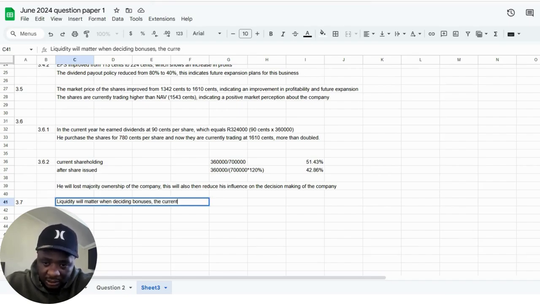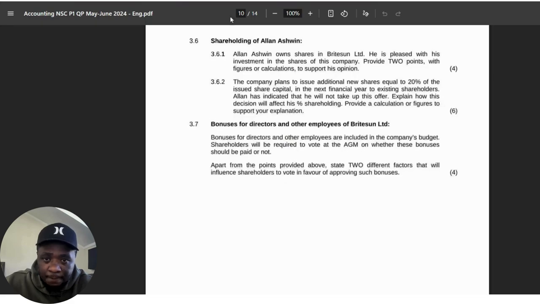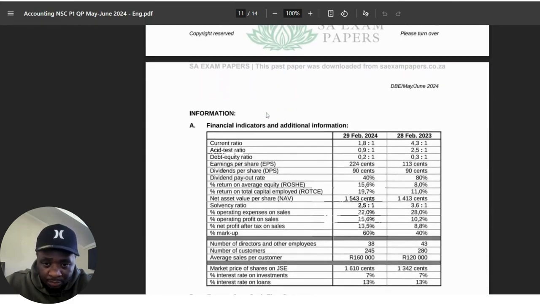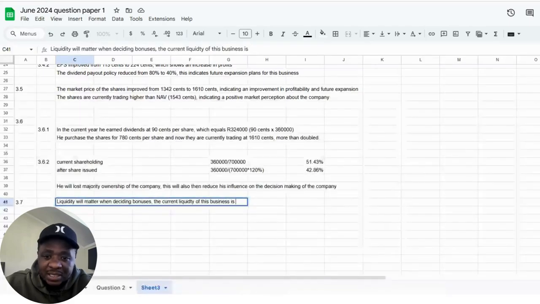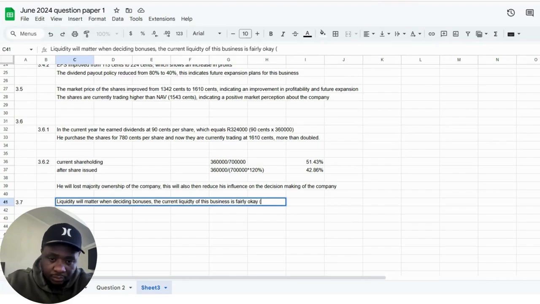The current liquidity of this business is, let's see, so we're going to say is bad or good based on the ratios that you're going to look at. Well, we have the current ratio 1.8 to 1, and then the asset test ratio is 0.9 to 1. Okay, so we'll maybe state that is fairly okay.